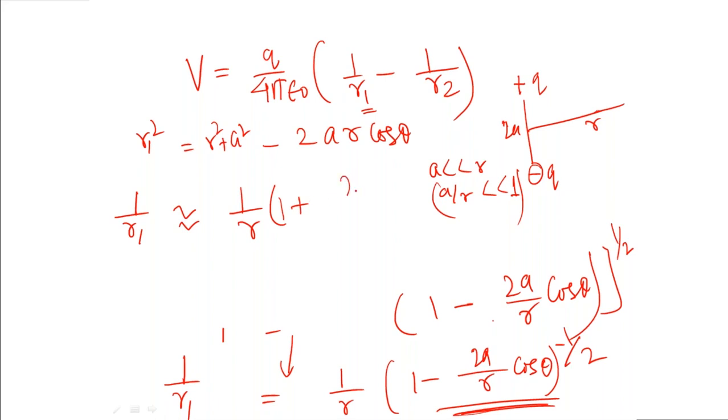From where I have written this, I'm just doing the series expansion, and there is a formula. I'll write it on the next page. If you have 1 minus x whole to the power minus n, and if x is less than 1, I can write this as a series.